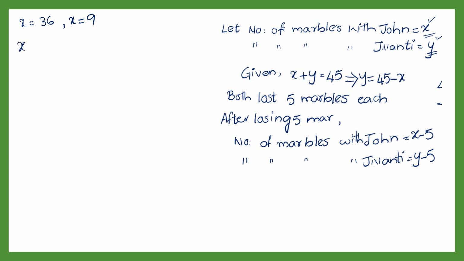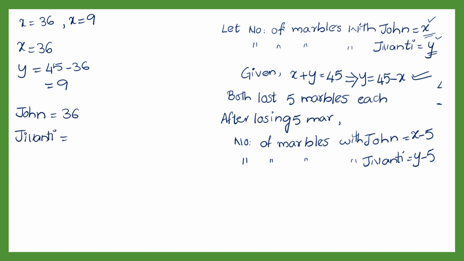If we assume the value of x is equal to 36, then y will become what? We already know that y is equal to 45 minus x. So 45 minus 36, which is 9. Initially they are asking how many marbles John and Jivanti have. So number of marbles with John initially is 36, and with Jivanti initially is 9.